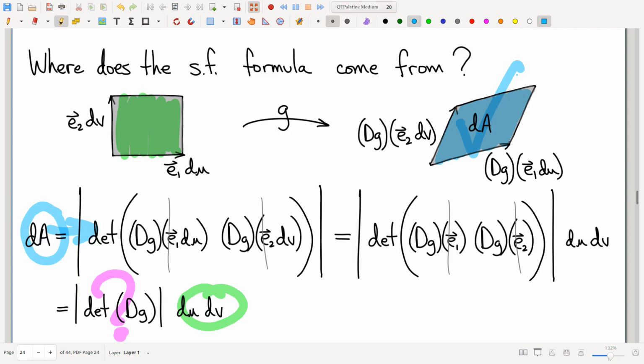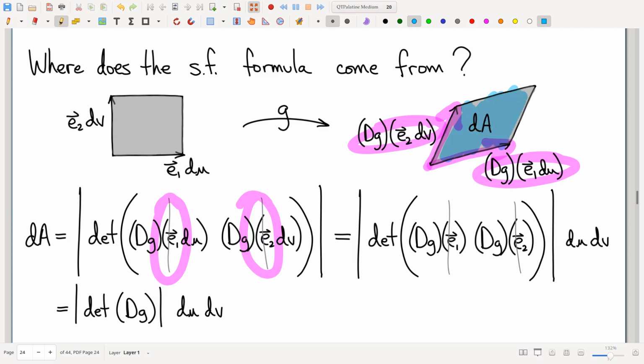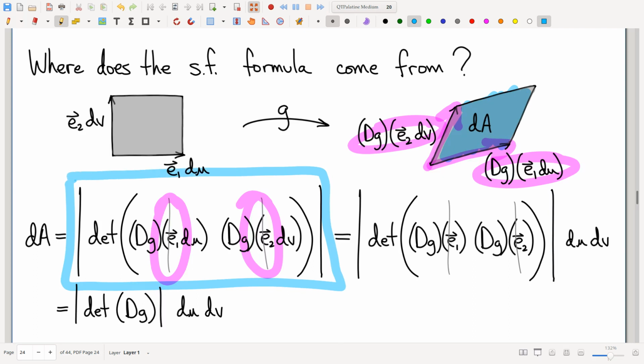Now how do we do that? How do we compute this area? Well, this area comes from these edge vectors. Whatever those edge vectors are, those will be the columns of a matrix, and the area of a parallelogram is the absolute value of the determinant of that matrix.